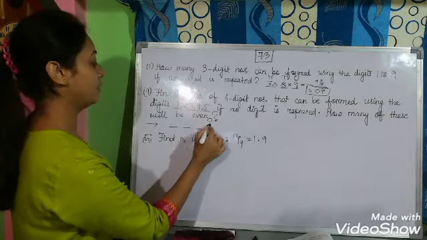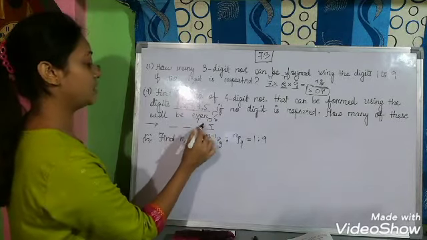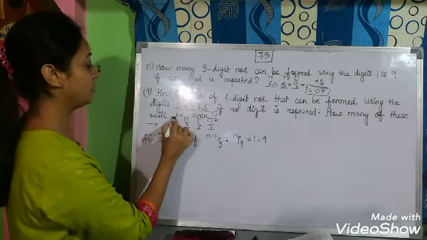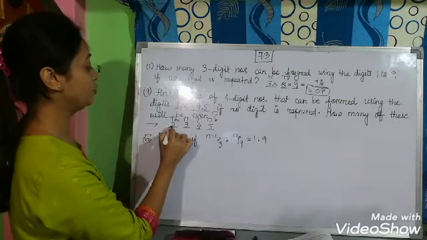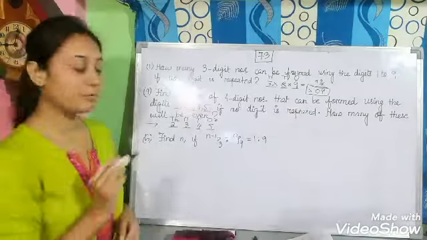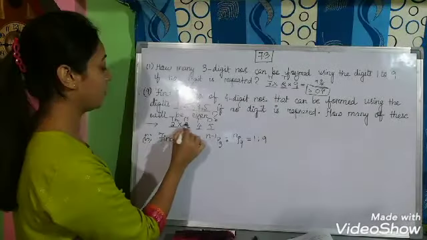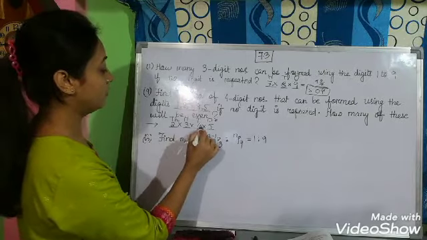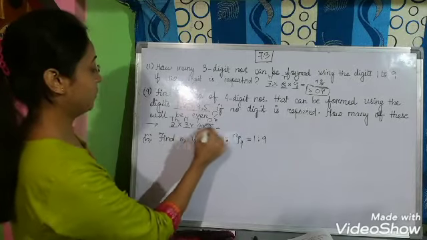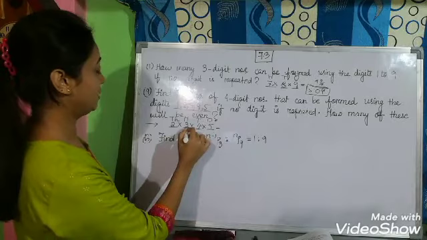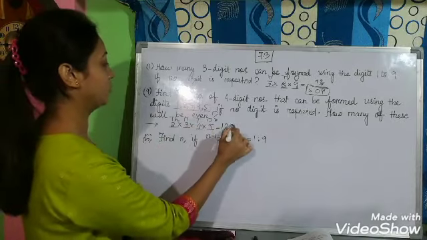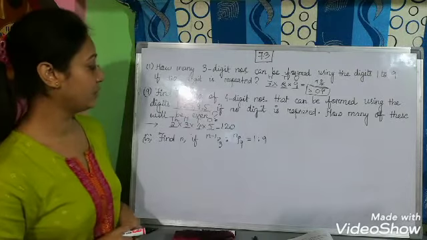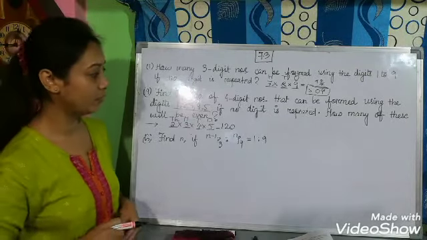So 1's place can be filled up in 5 ways, 10's place 4 ways, 100's place 3 ways, and 1000's place can be filled up in 2 ways, and hence the total number of ways by the fundamental principle of counting is 2 into 3 into 4 into 5, which is equal to 120. So 120 4-digit numbers can be formed using the digits 1, 2, 3, 4, 5.